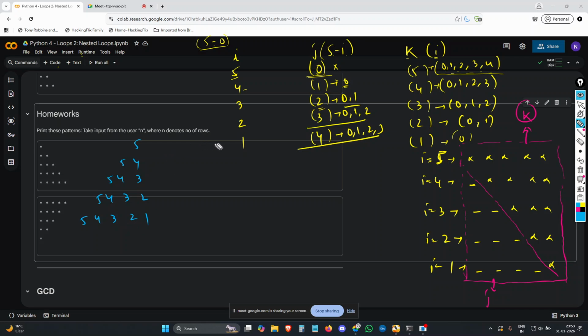Then if I give you this one, it is comparatively easy, but still, let me give you this: 1 2 3 4 5, 1 2 3 4, 1 2 3, 1 2, and 1.